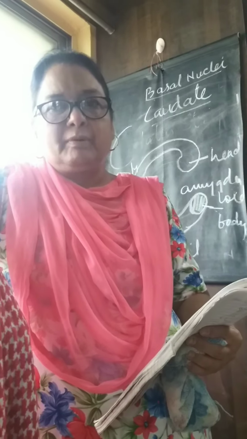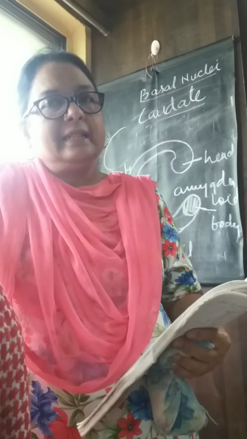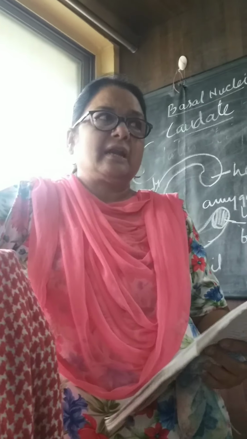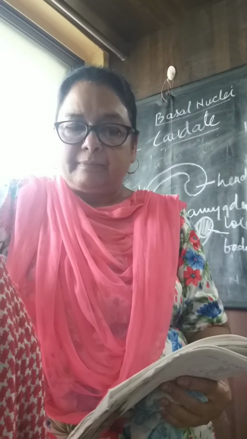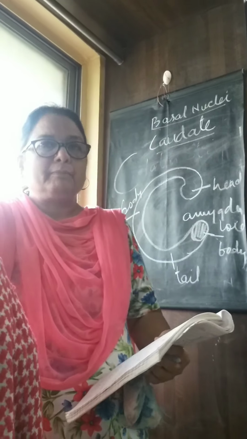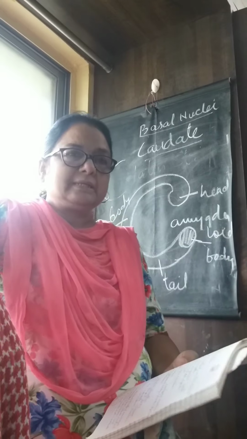We studied about the various sulci and gyri. They are the white matter. Now what we are studying is the grey matter. So these are subcortical intracerebral masses of grey matter, and they form an important part of the extrapyramidal system.